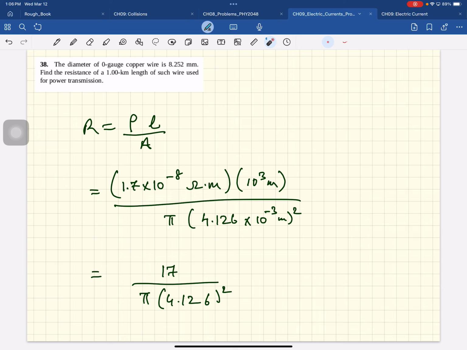So ohms is the units for resistance. So 1 kilometer copper wire has a resistance of 0.3 ohms.